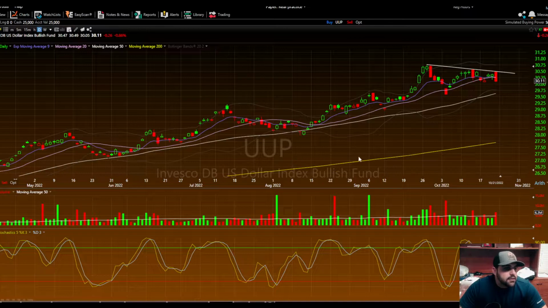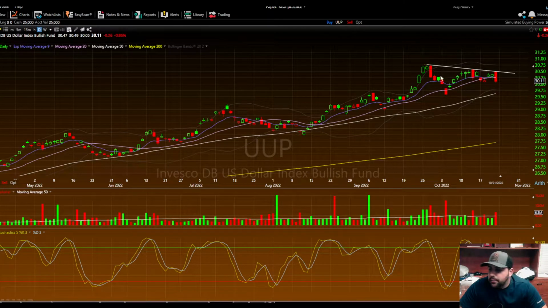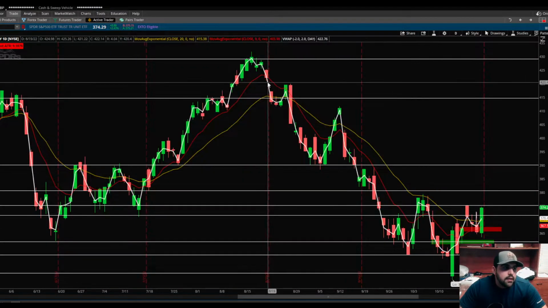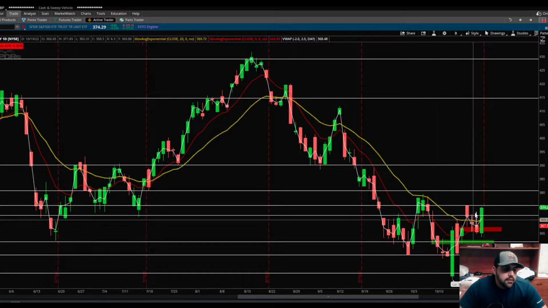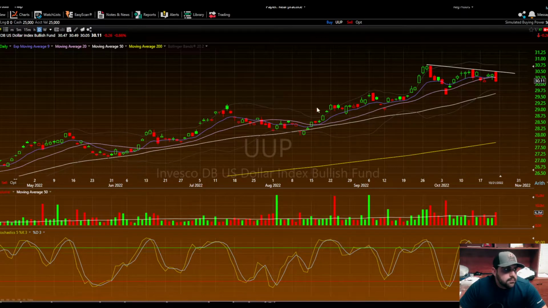Okay, so this is a chart of the dollar index. Whenever this chart is trending up, the market usually will go lower. You can see that's what happens usually. What you can see on this chart is basically a rejection all the time on the 30 area.